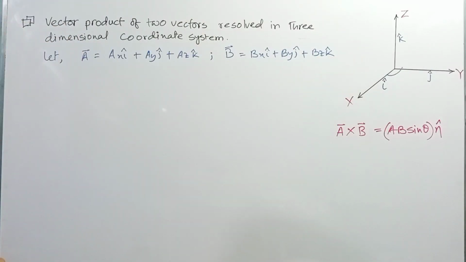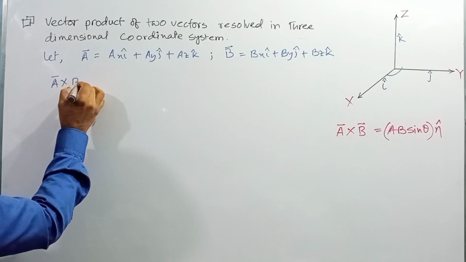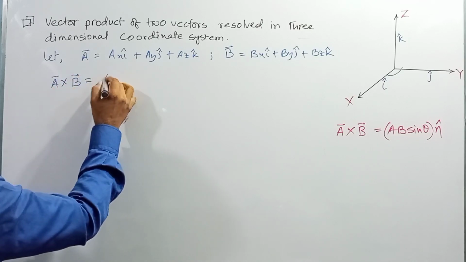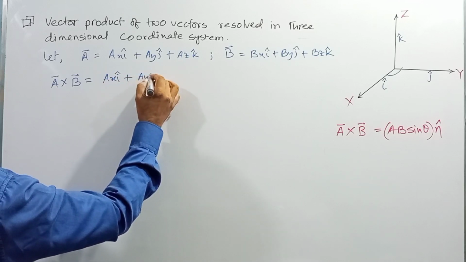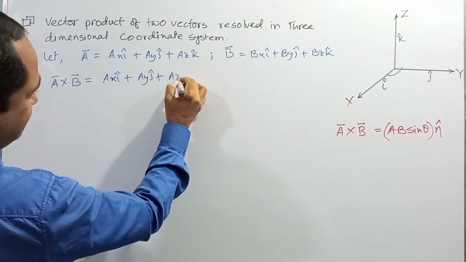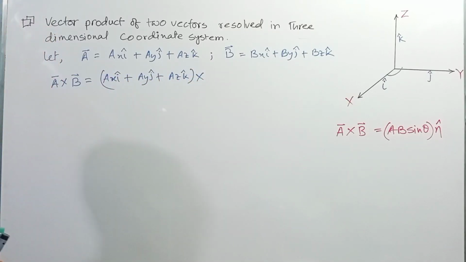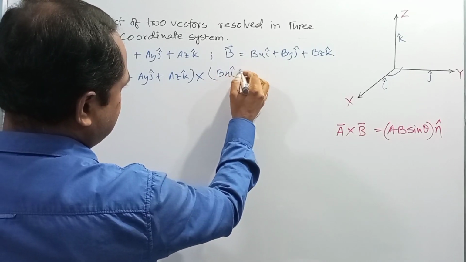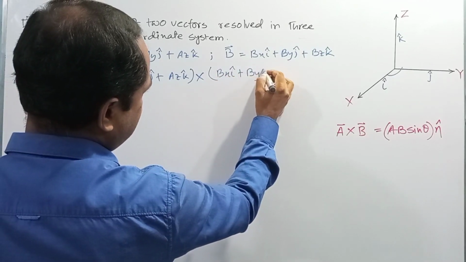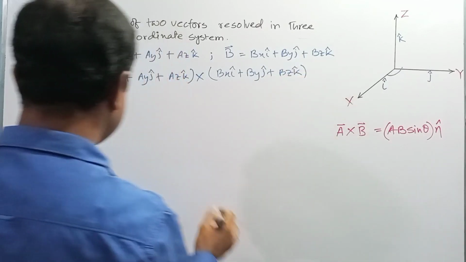Now we are going to get the vector product or cross product of A cross B. Here A cross B is equal to (axi plus ayj plus azk) cross (bxi plus byj plus bzk), right?